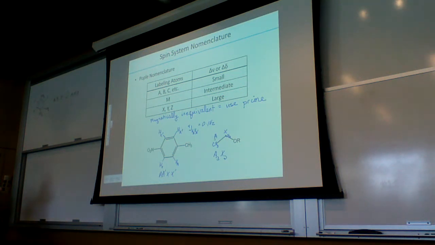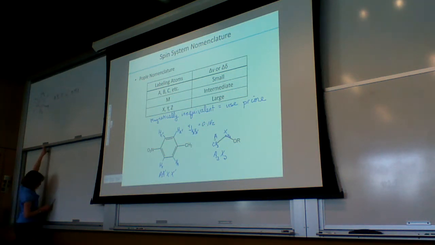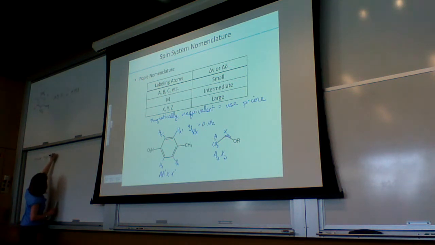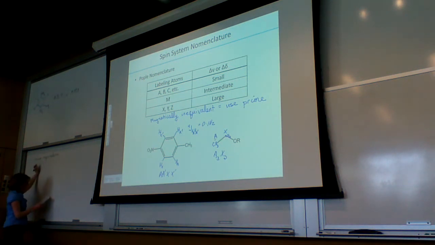So far we've looked at fairly simple molecules, and we want to look a little bit more at enantiomers or diastereomers, and that's going to throw off the spectra quite a bit. So for group equivalents, we have several different options for geminal groups.